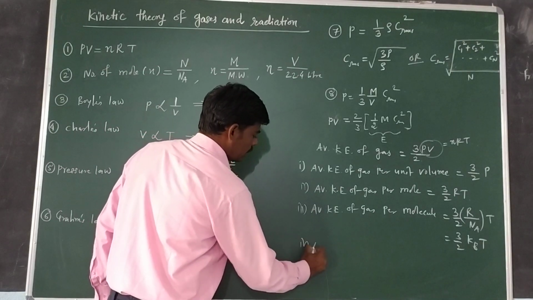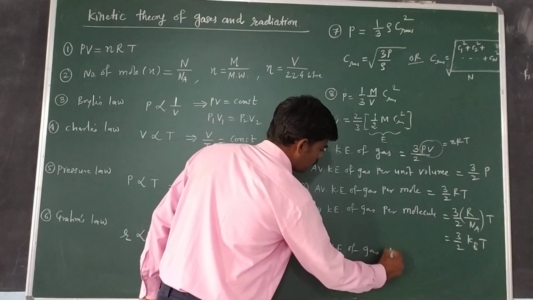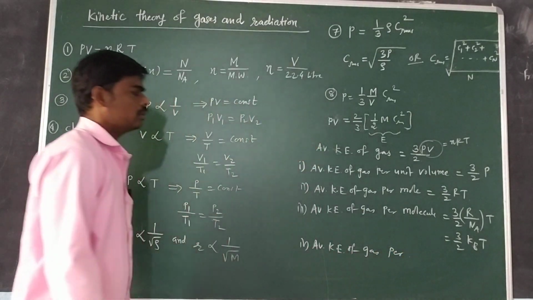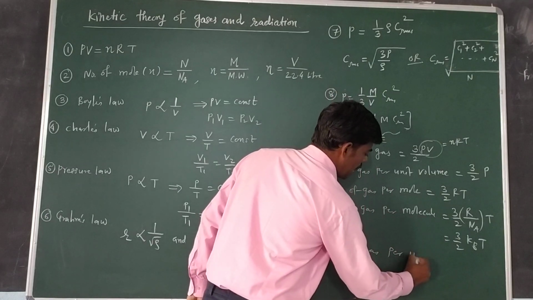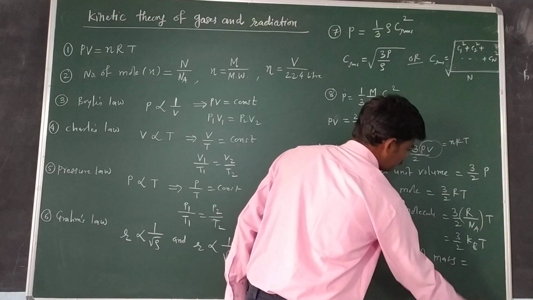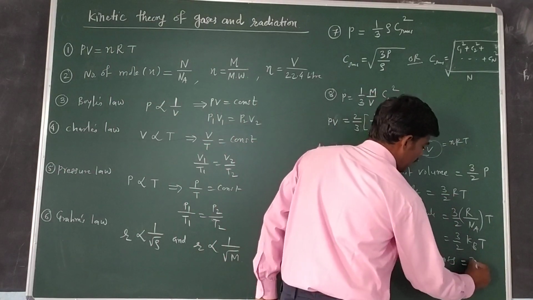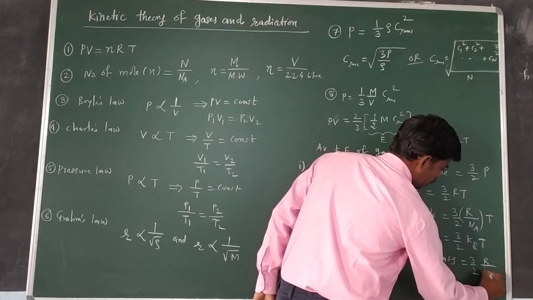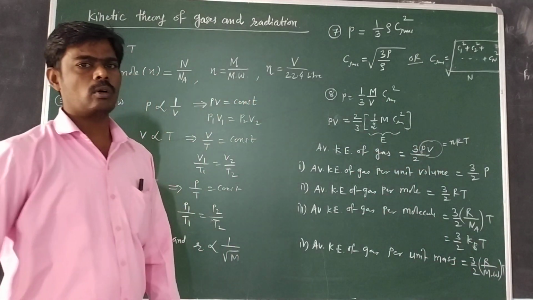Then, if we require average kinetic energy of gas per unit mass, simply divide this R by the molecular weight of that gas.